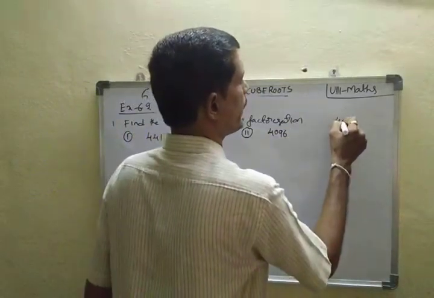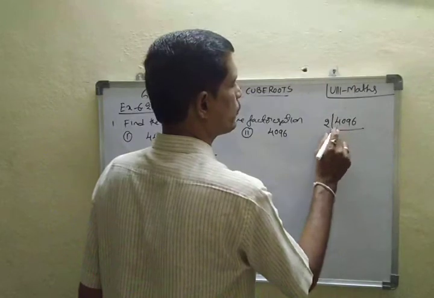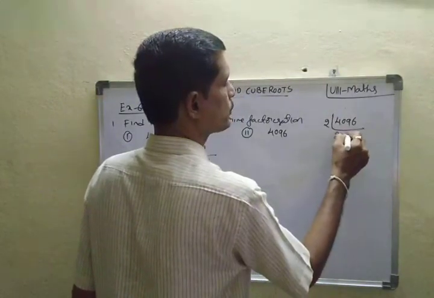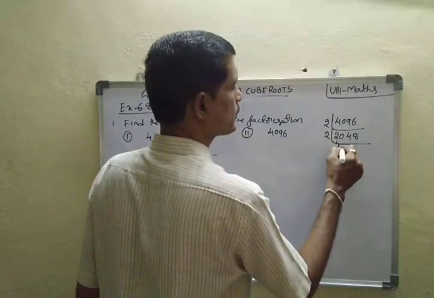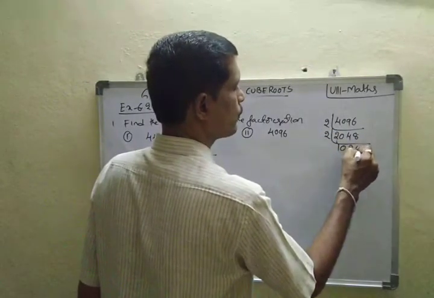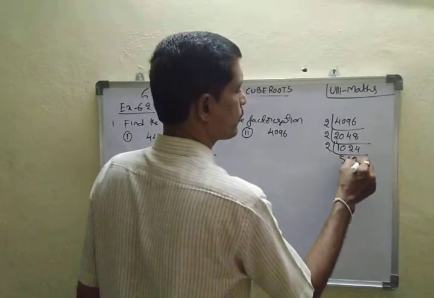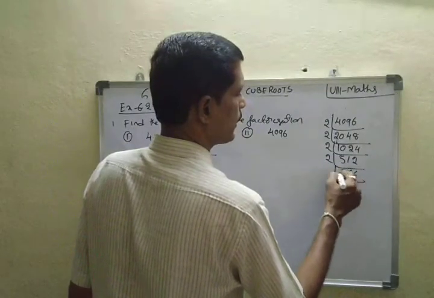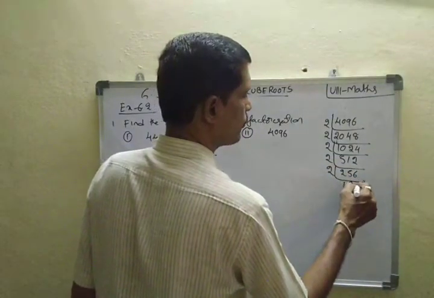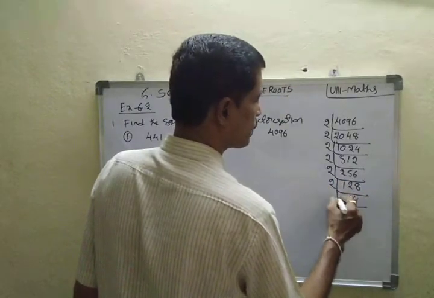Therefore 4096. Here 2 table: 2 ones are 2, 2 twos are 4, 2 zeros, 2 fours, 2 eights. Again 2 table, 2 ones, 0, 2 twos, 2 fours. Again 2 table, 2 fives, 2 one twos. Next 2 table, 256. Here 128, 64, 32, 16, 8, 4, 2, 1.